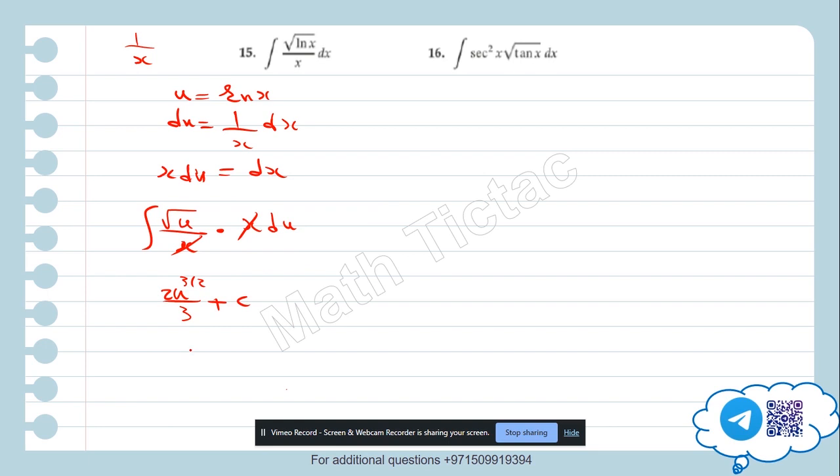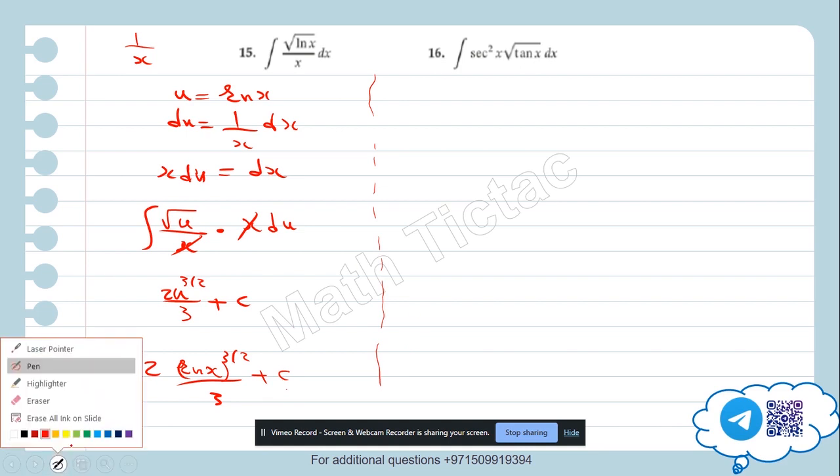Then plus c. So all I have to do is just write my assumption back. ln x to the power 3 over 2 divided by 3, then plus c. That's it. This is for question 15.